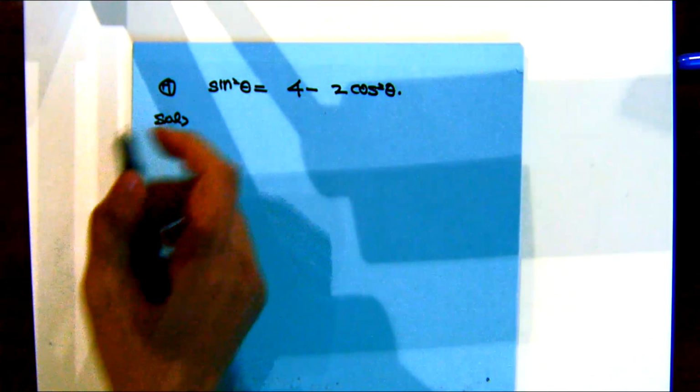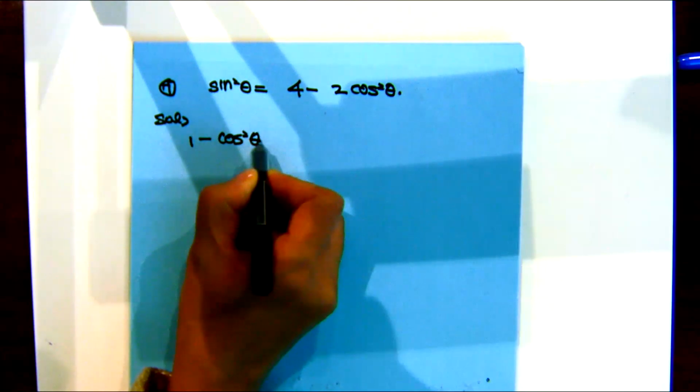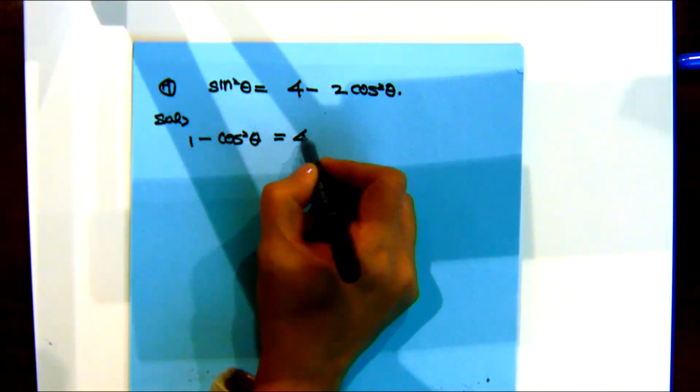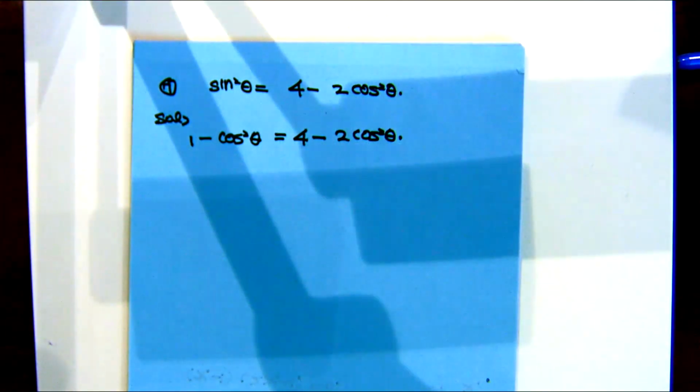But when it comes to sine squared or cosine squared, we know that we can convert that into a different function, right? Sine can be converted into cosine, cosine can be converted into sine by using the Pythagorean formula. So the Pythagorean identity says sine squared is 1 minus cosine squared theta, right? And so by doing this, I would convert the given equation into a normal quadratic equation to see how we can solve the problem.